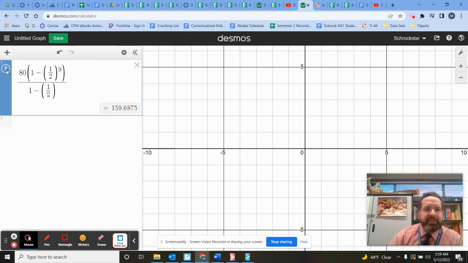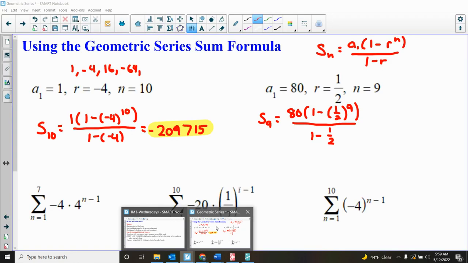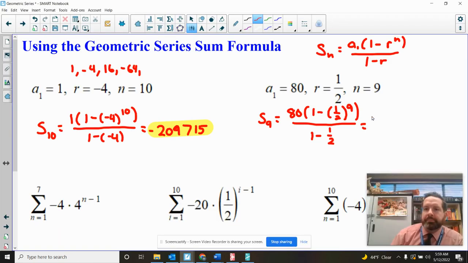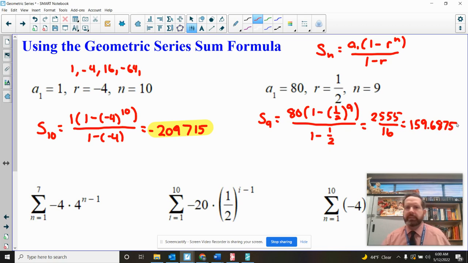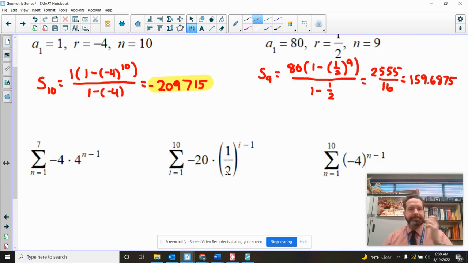The decimal's fine as far as I'm concerned. I'm going to write it as a fraction as well. So 2555 over 16. And then as a decimal, 2555 over 16 is 159.6875. Good and nice.